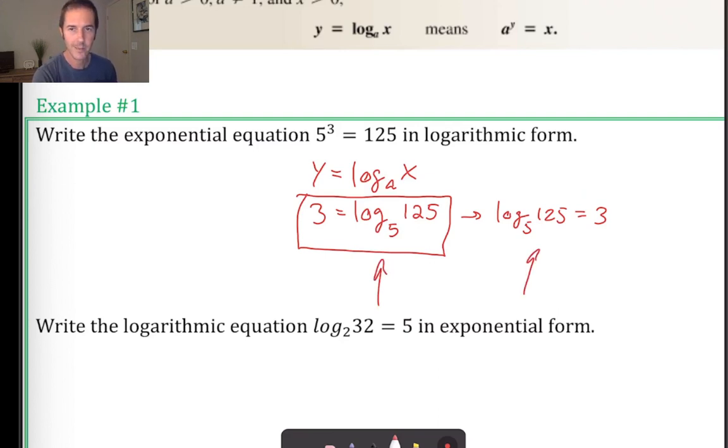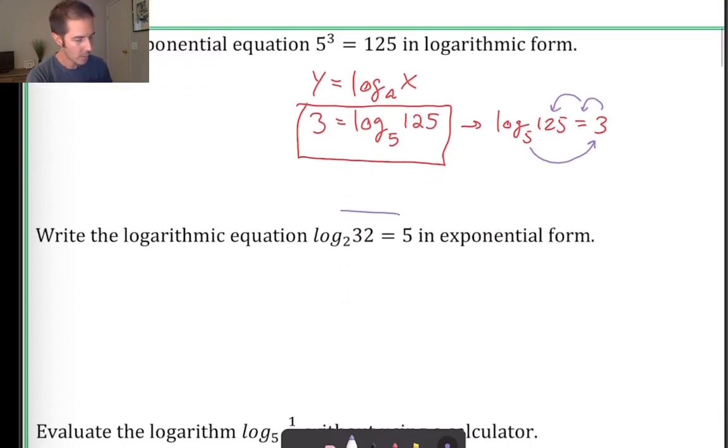Just for consistency's sake, it increases my chances of getting the right answer, because when I see it written this way, in my head, I read it as 5 to the power of 3 equals 125. And that's just the picture that I have in my head, so I do it that way every time. So standardize a process for yourself that's going to increase your likelihood of getting these correct.